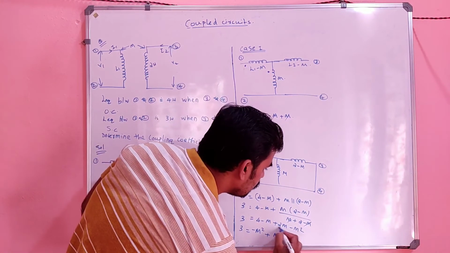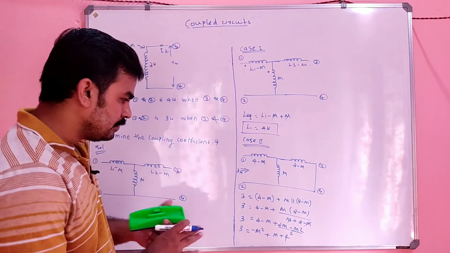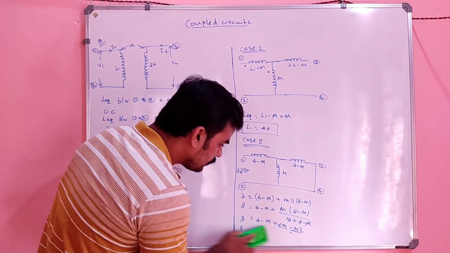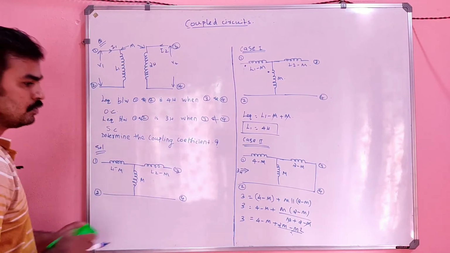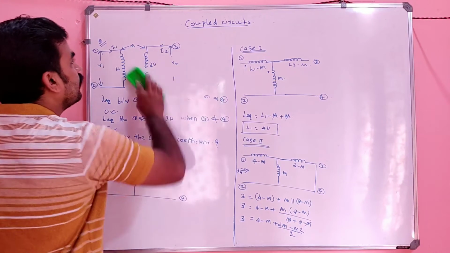Yes, it is 2 right here. 2m minus m square by 2, right? Yes. So it will be like this, 2. Okay.